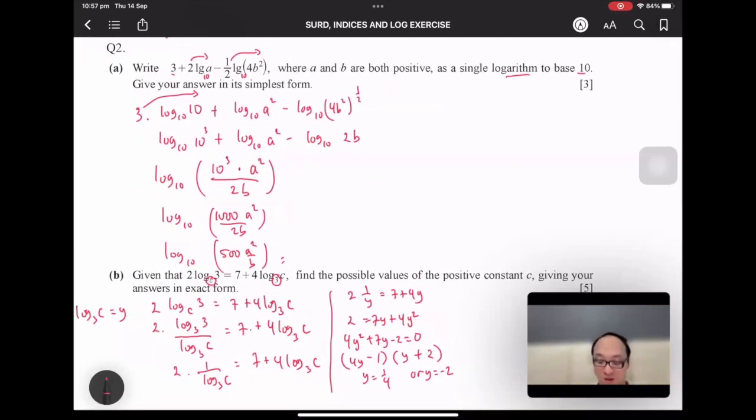And from here, I can rewrite: log base 3 of c equals y, so this equals 1 over 4. I change back the y. So using the identity, 3 to the power of 1 over 4 will be equal to c.